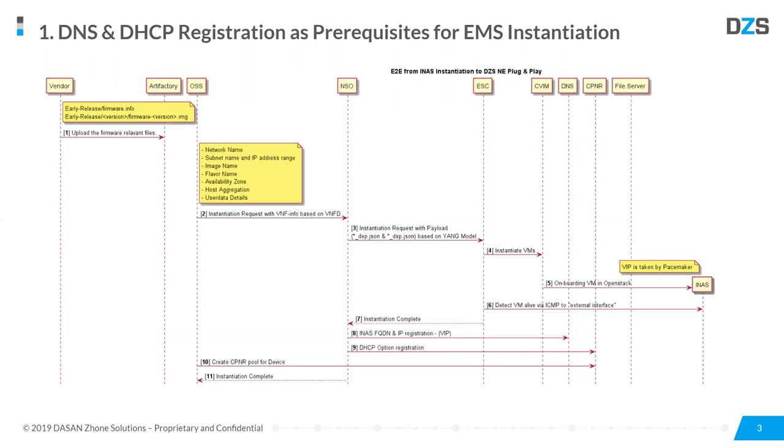So based on that information, through the NSO and ESC, finally by the CVM, our INAS is instantiated.